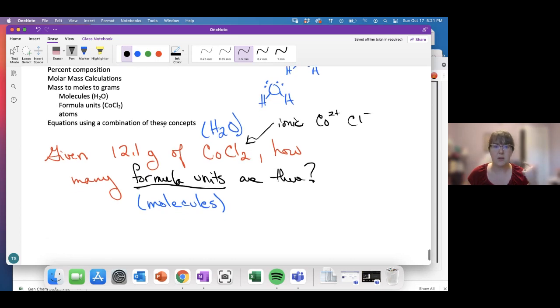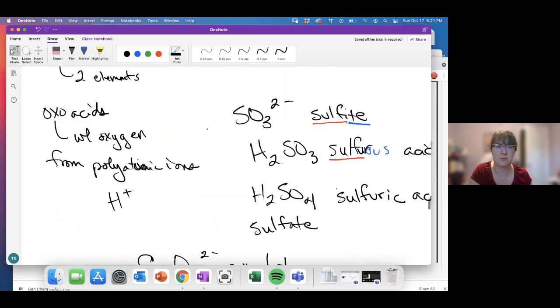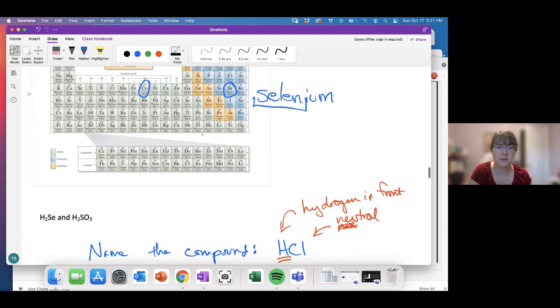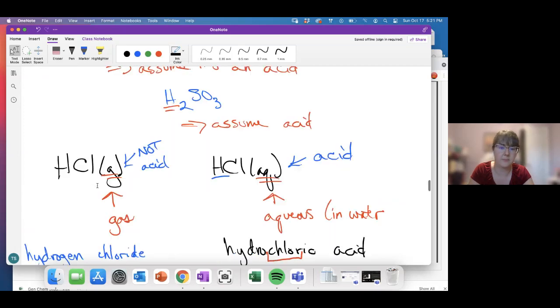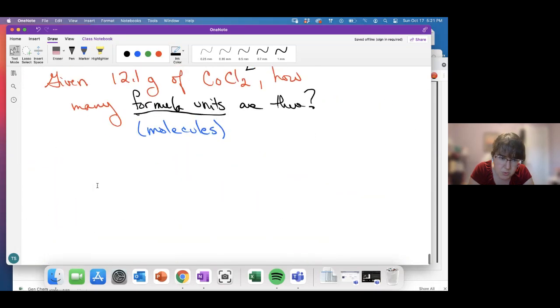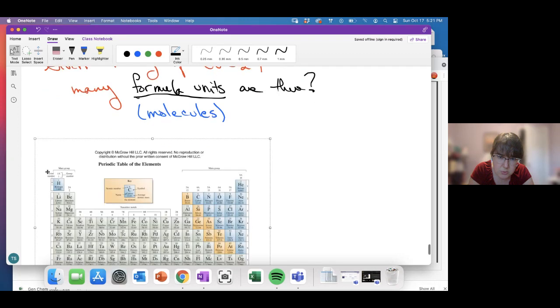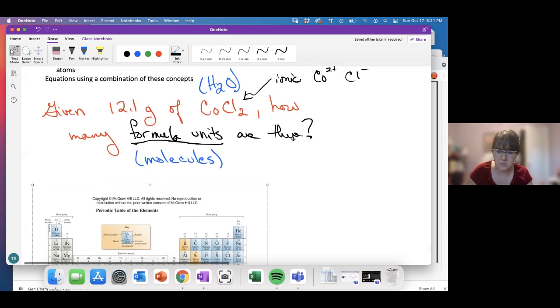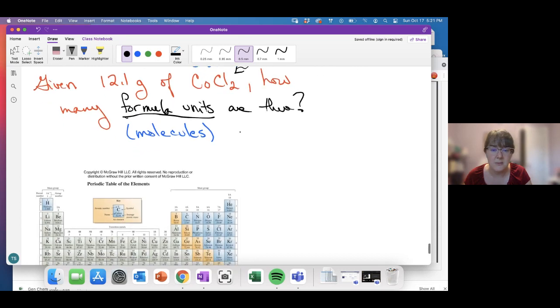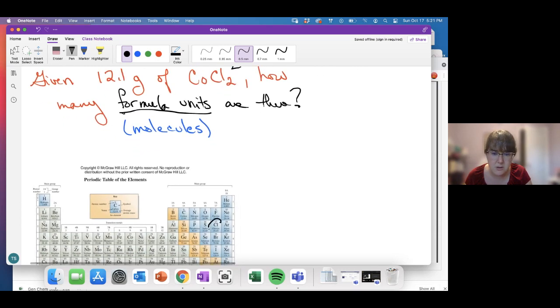In order to do this, I do need my periodic table, which has run away from me again. So now what I'm looking for is I actually need the molar mass of cobalt-2 chloride. So here's my chloride ion. I have 2 chlorides, so 2 times 35.45. I only have 1 cobalt.